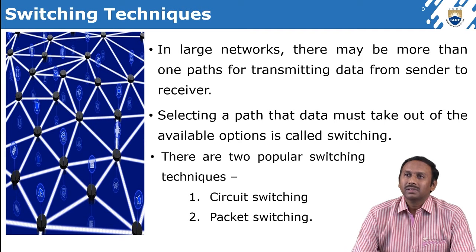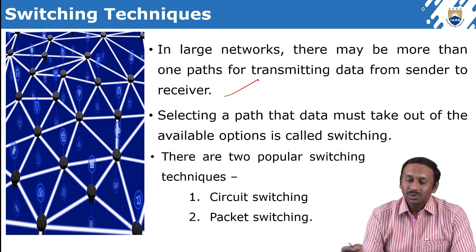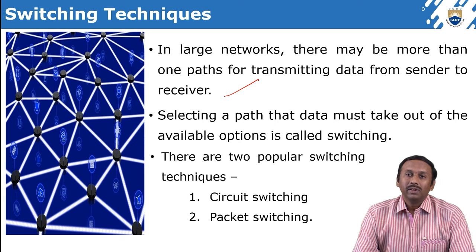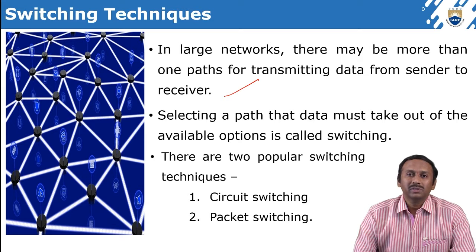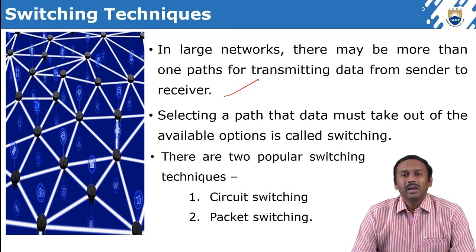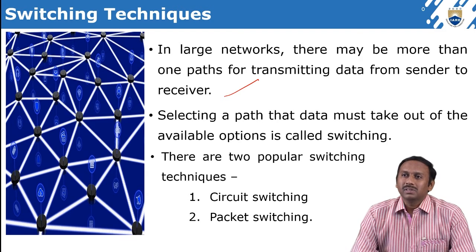In large networks, there may be more than one path for transmitting data from sender to receiver. It's quite common, isn't it? When we are interconnecting a huge number of networks, obviously we can identify n number of paths to reach from source to destination. Selecting a path that data must take out of the available options is called switching.